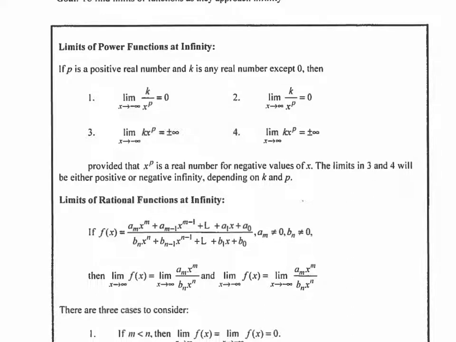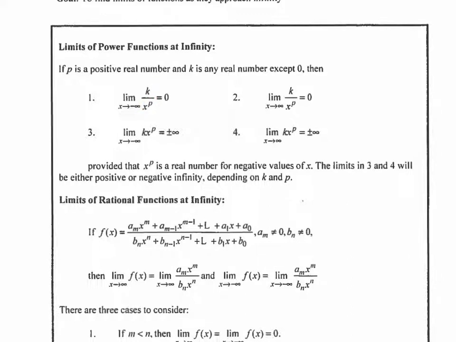Okay? And there are some special cases that will help us out. Basically, here's what we're going to look for if we're finding the limit as x goes unbounded, either direction. If our variable is in the denominator, like it is here, okay?